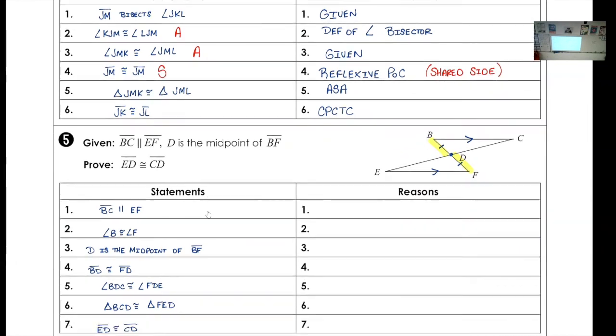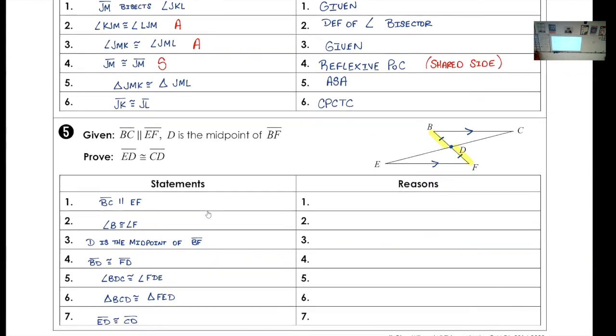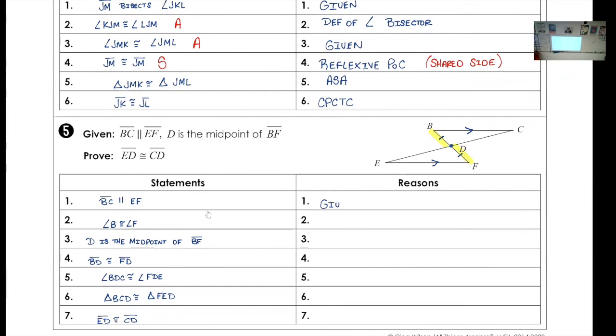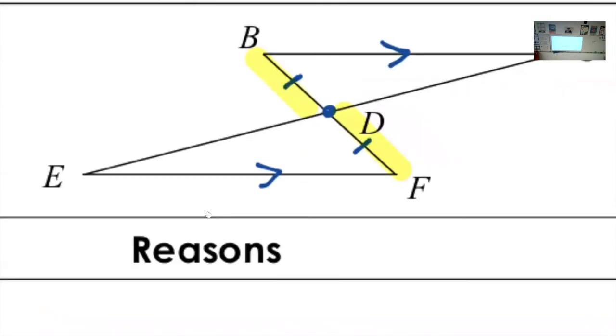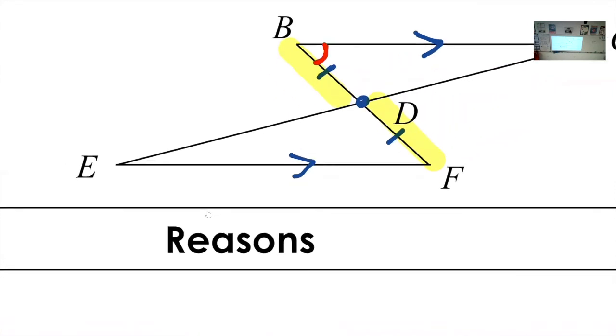I know. All right, so why is BC parallel to EF? It's given. Our next statement is angle B is congruent to angle F. How did they get that?